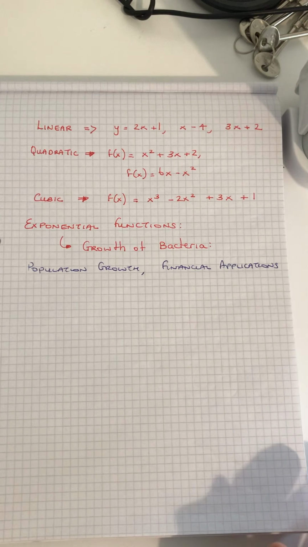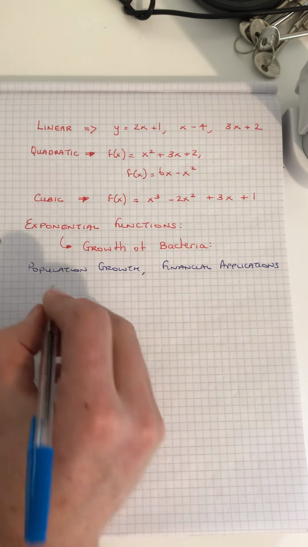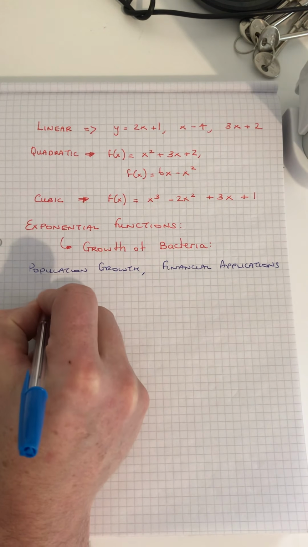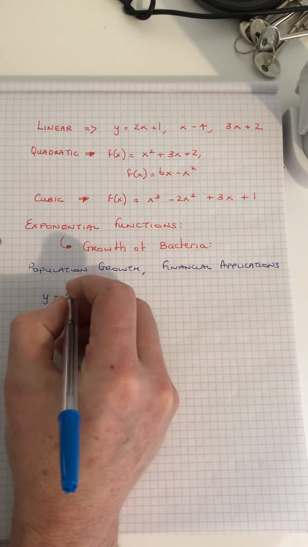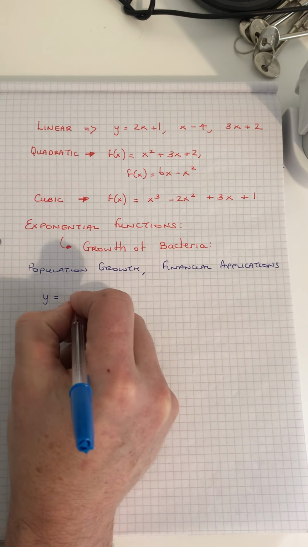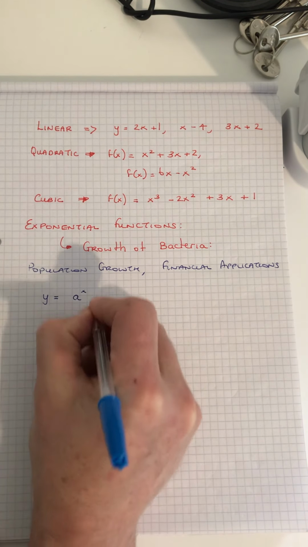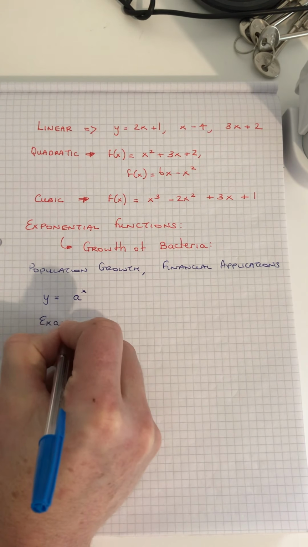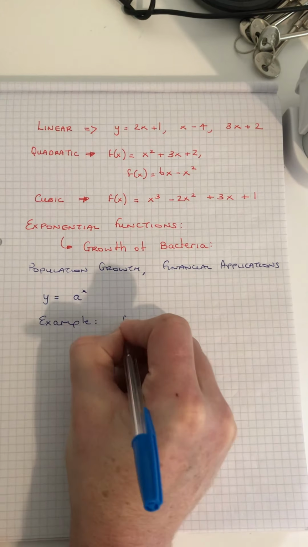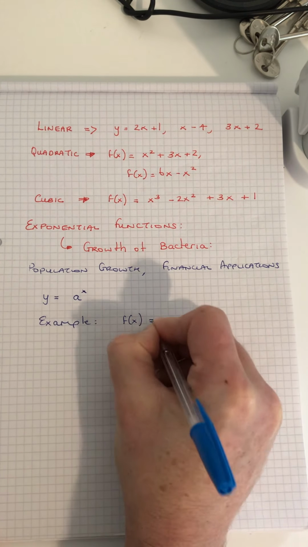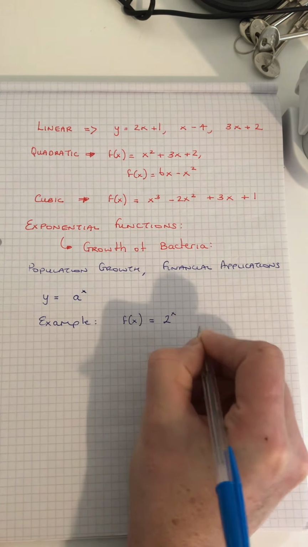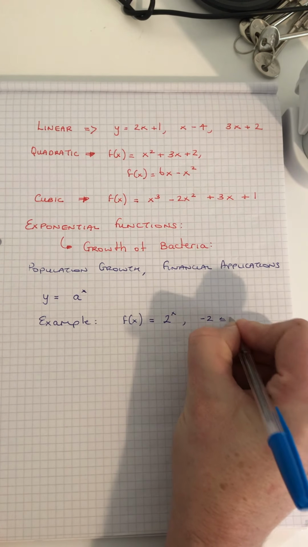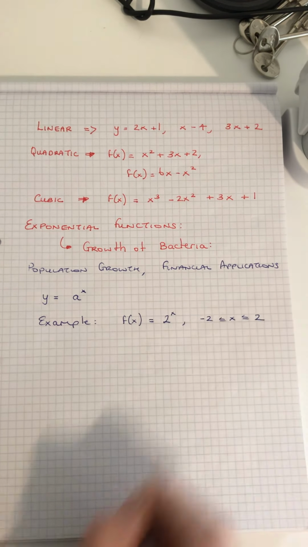Now, an exponential function looks something like this: y equal to some letter a to the power of x. So the example might be f of x equal to 2 to the power of x, between minus 2 and 2.